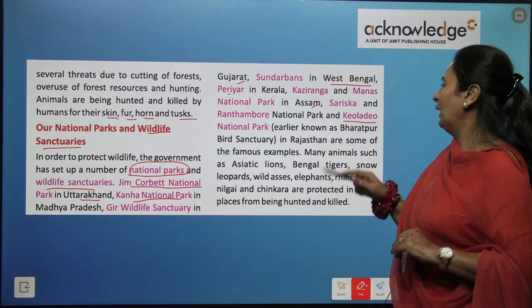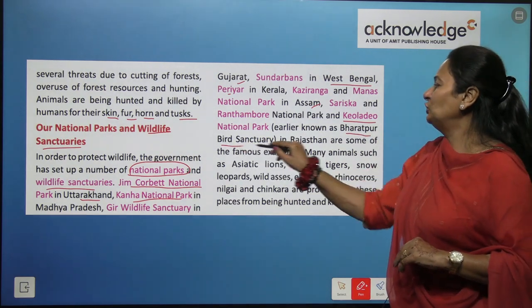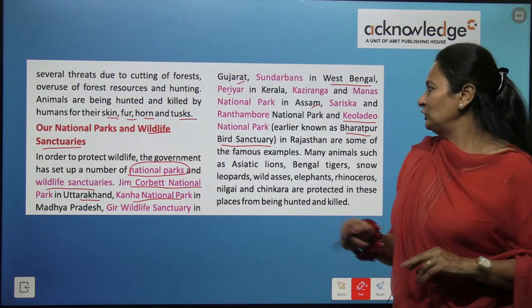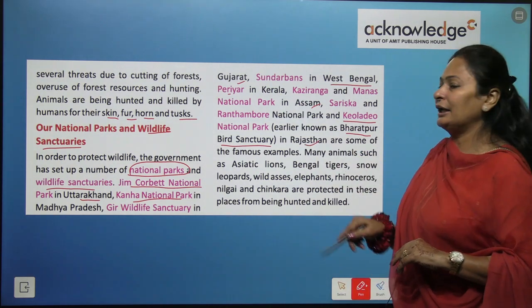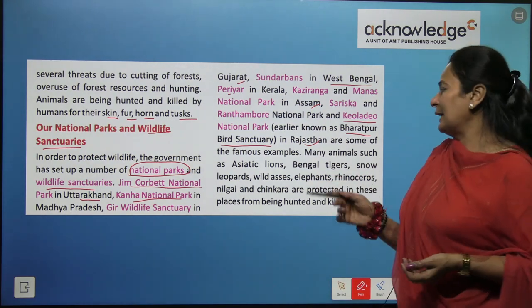Earlier, Keoladeo National Park was known as the Bharatpur Bird Sanctuary. These are in the state of Rajasthan, and are some famous examples of this.